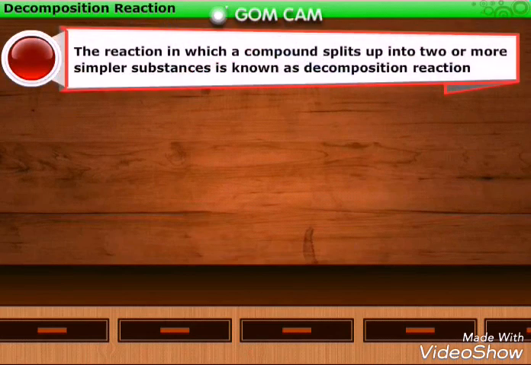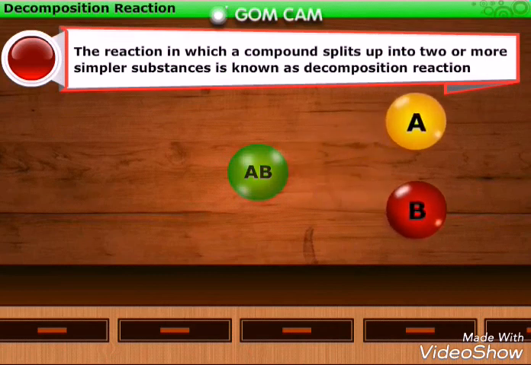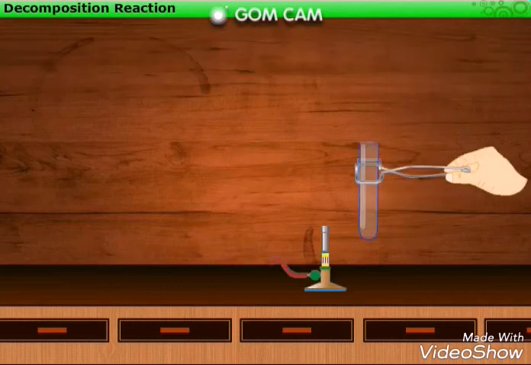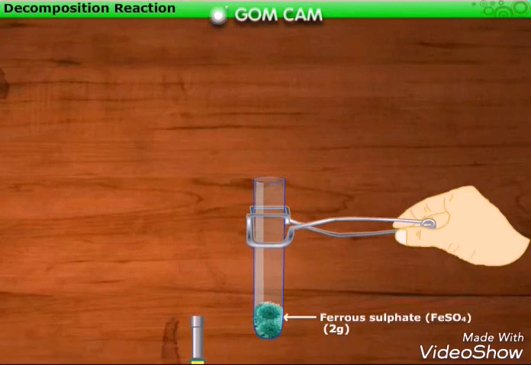Decomposition reaction. The reaction in which a compound splits up into two or more simpler substances is known as a decomposition reaction. Let us take one example to understand the decomposition reaction. Take about 2 grams of ferrous sulfate crystals in a dry test tube.